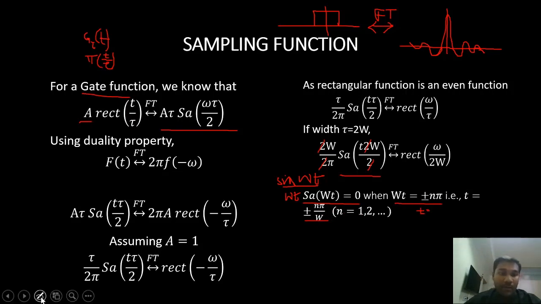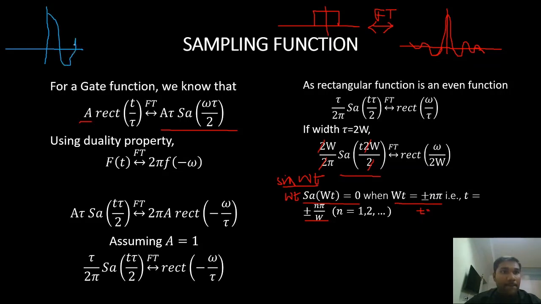So let me draw my sampling function here. This has to be a decreasing sinusoidal kind of thing, and the same thing on the negative side.